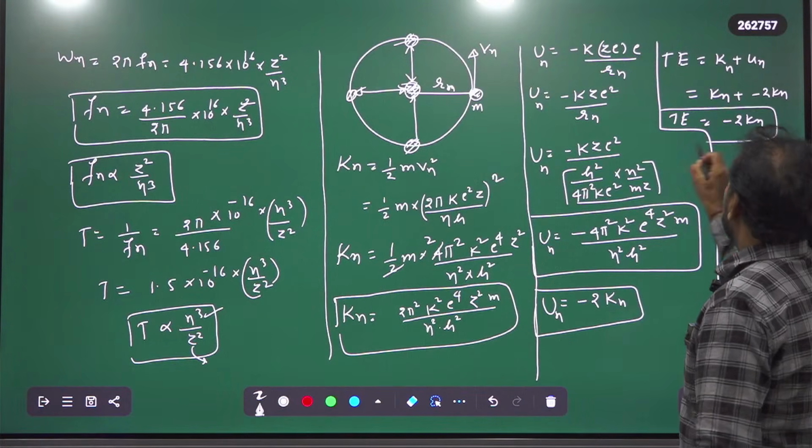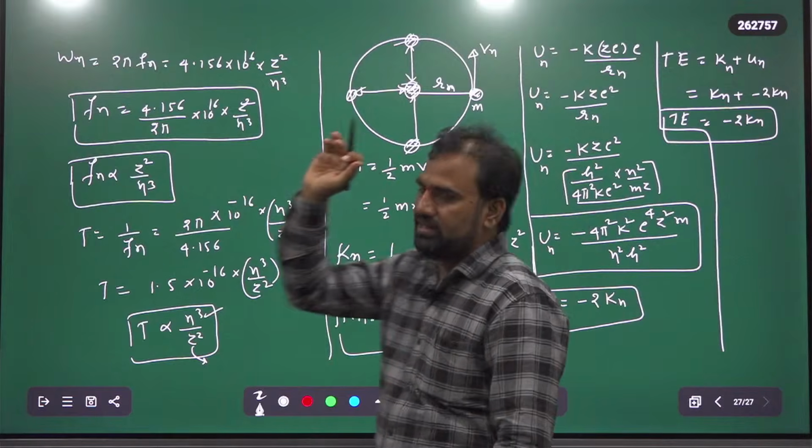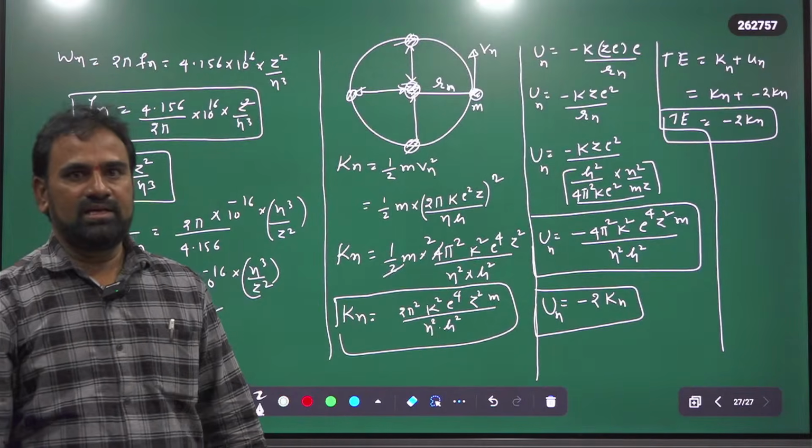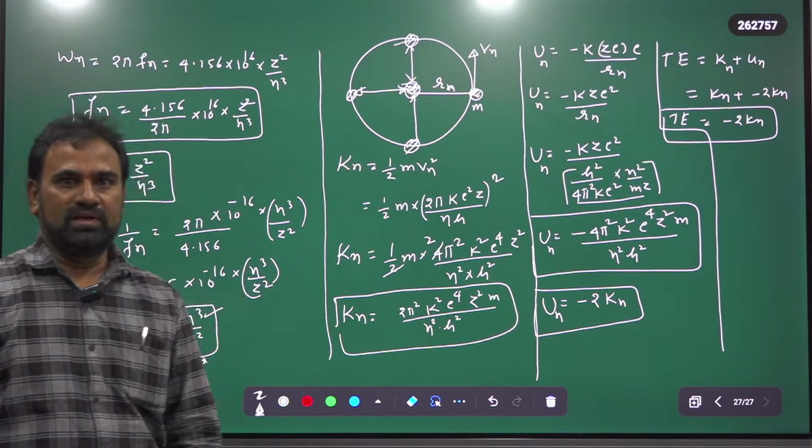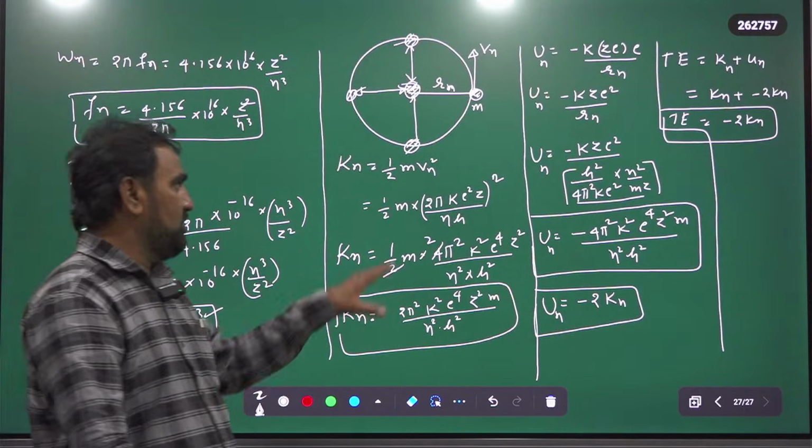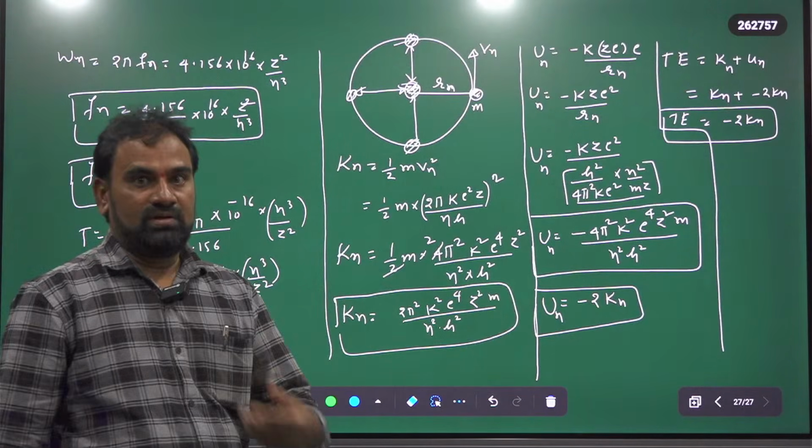This is the total energy of an electron in its nth orbit. Is it clear? I hope you are following and are aware of this energy of the electron in its orbit.